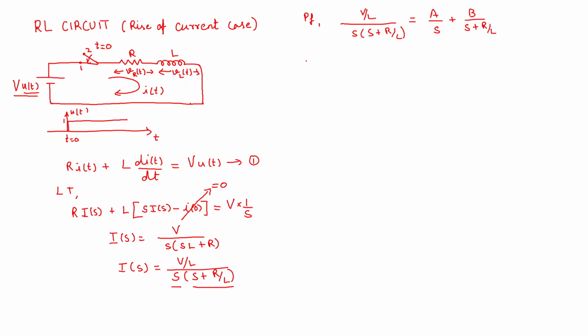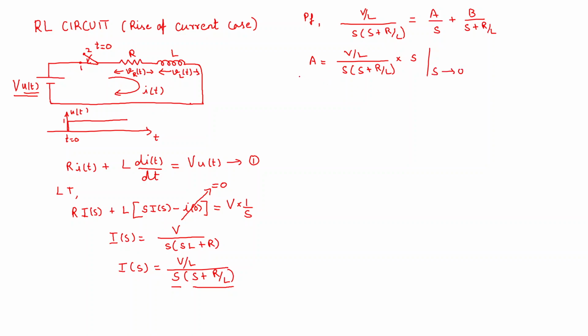So we can get the value of A as the given function multiplied by the denominator of A, with the denominator equated to 0, which gives s equal to 0.